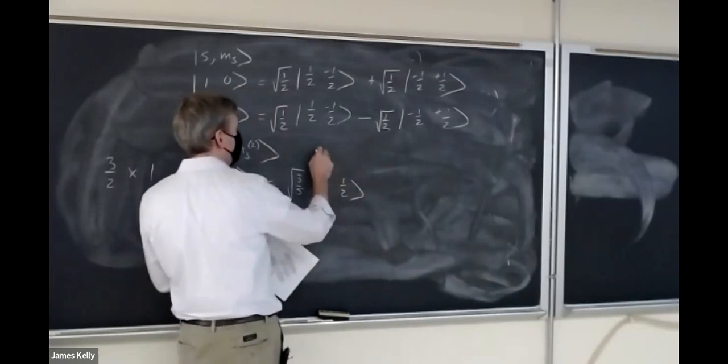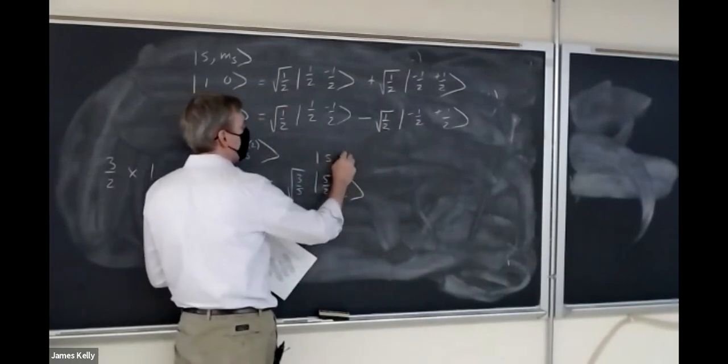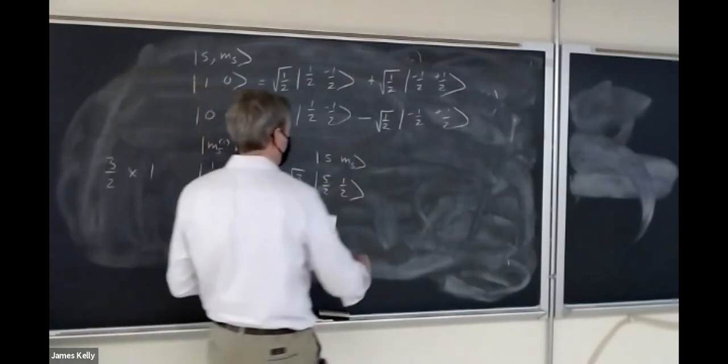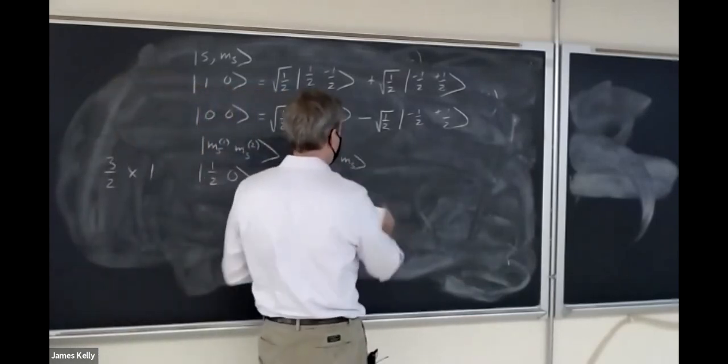Okay, so here, again, just to clarify, this means combined S and combined M sub S. If I don't write that above, it's a little bit confusing, or more than a little bit confusing.